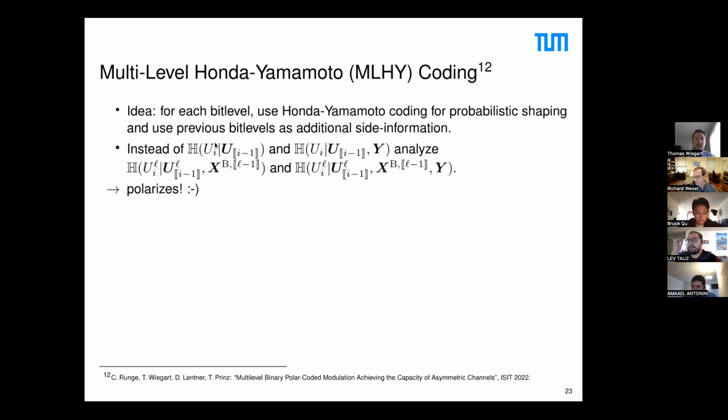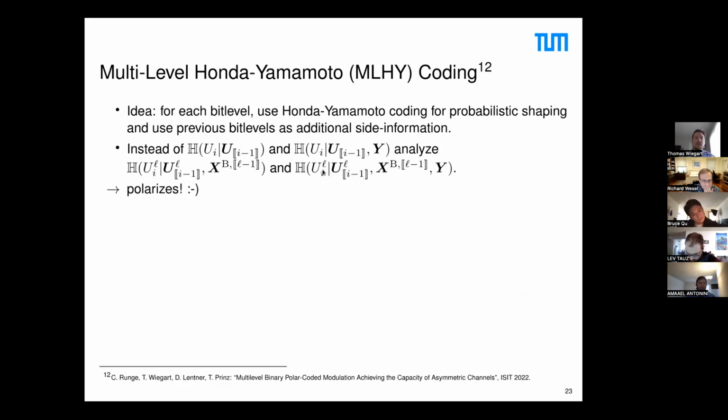So instead of, as previously when we just looked at one polar code, we had the entropy of u_i given previous u's and the entropy of u_i given previous u's and y, we now analyze the entropy of u_i given previous u's and the previous bit levels.